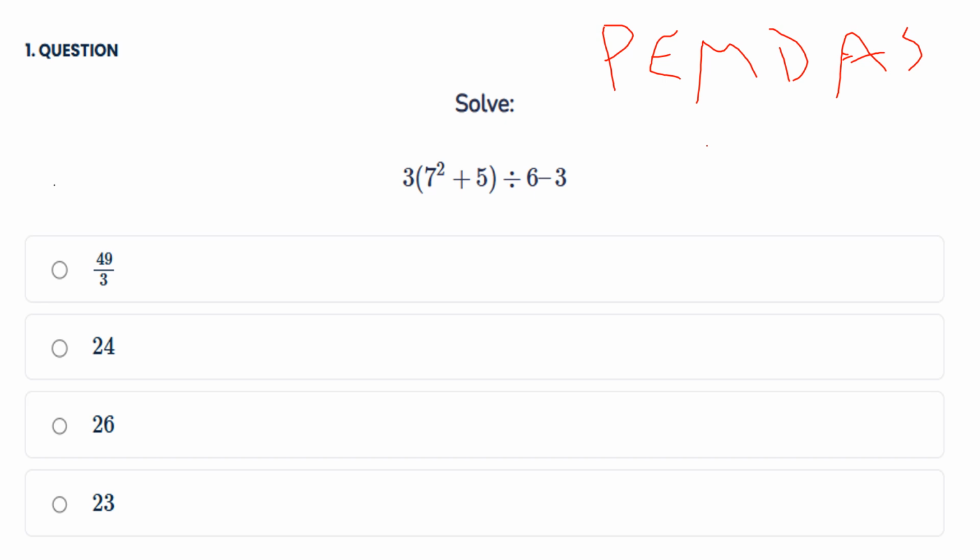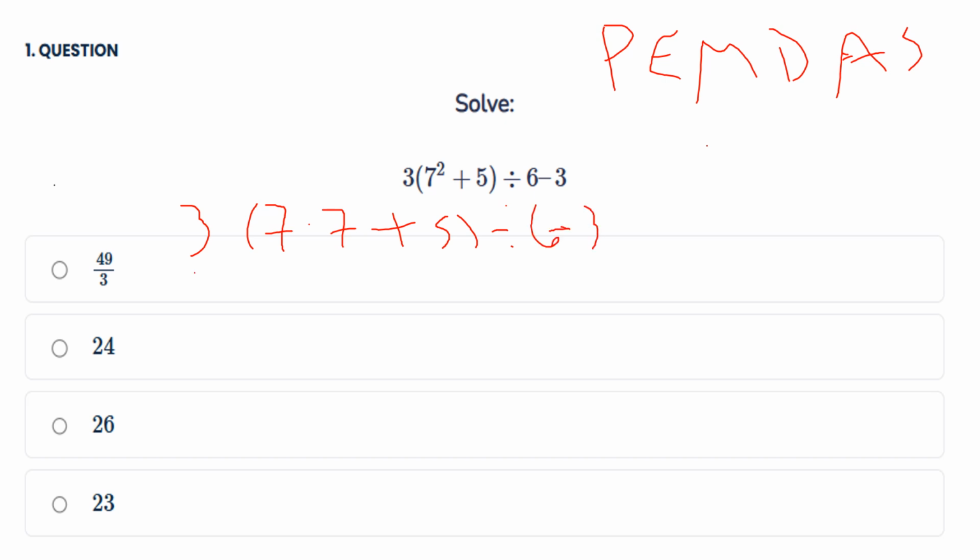parentheses. And to get rid of that parentheses, we have to start with that exponent in the parentheses, 7 squared plus 5. So 7 squared means 7 times 7. And as I go through the problem, I'm just going to write the rest of the problem in here.